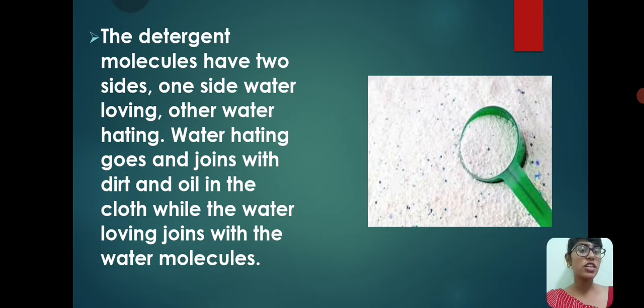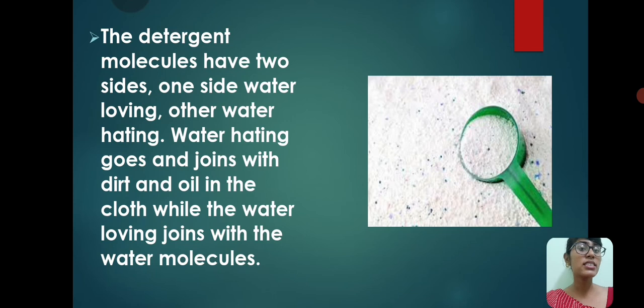See, the detergent molecules have two sides. One side is water loving, the other water hating. The water hating side goes and joins with dirt and oil in the cloth, while the water loving side joins with the water molecules, and that's why the washing takes place on the clothes.